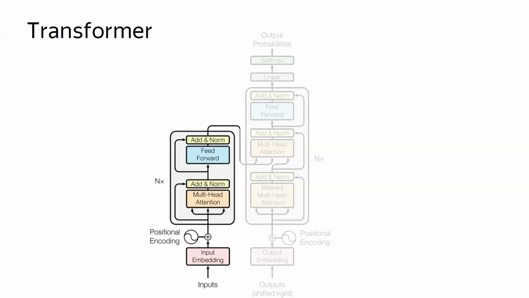In layer norm, we don't have this overall data set mean and variance. Mean and variance is calculated only for the current batch. So this is the difference. And after that, we apply two linear layers, feed forward. And then we again use residual connection and layer norm.